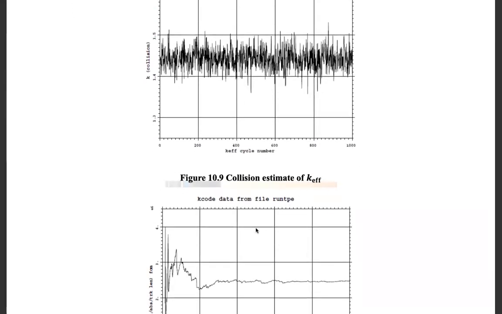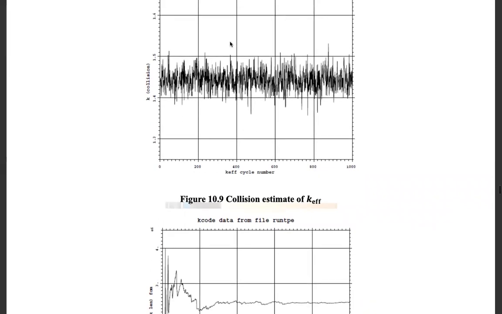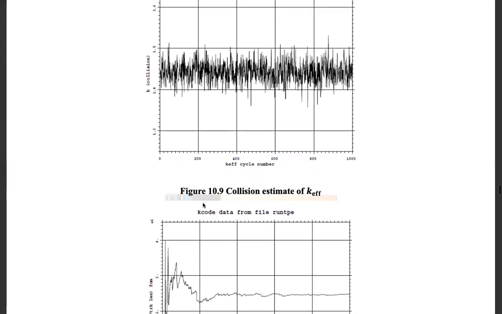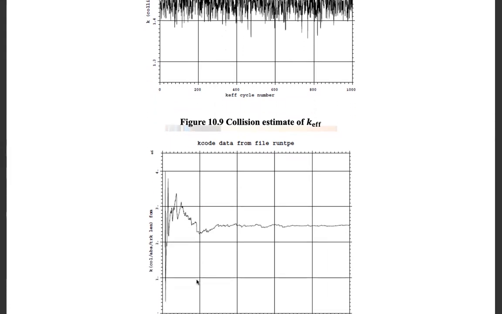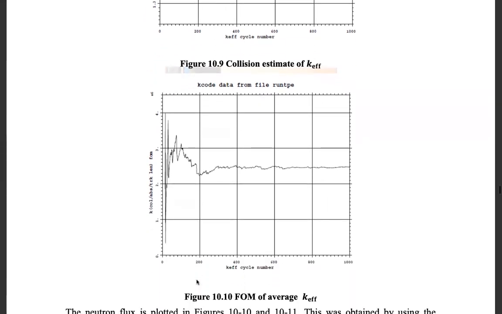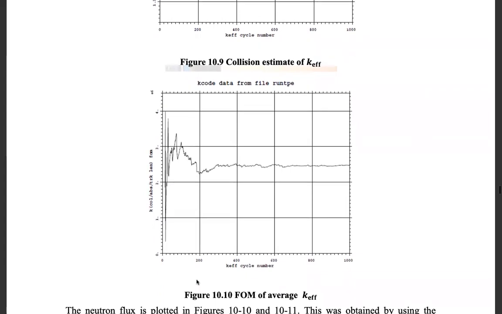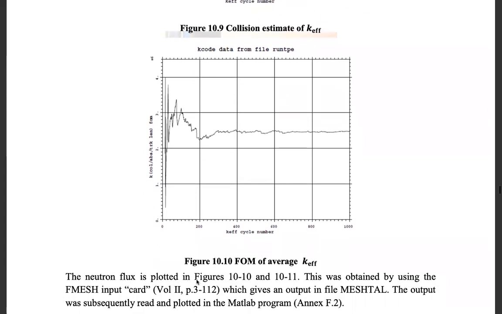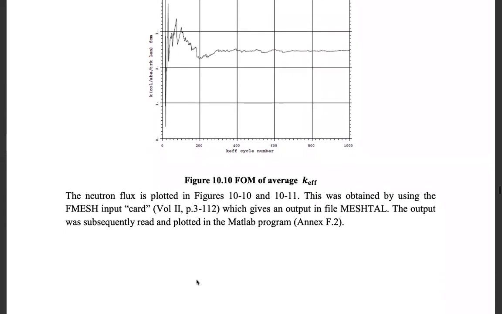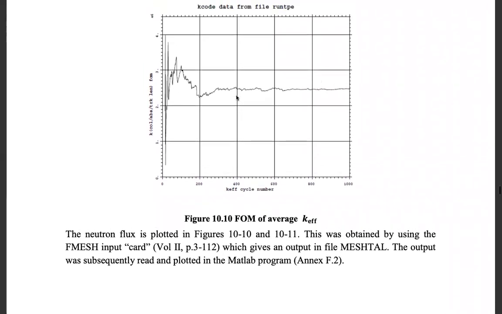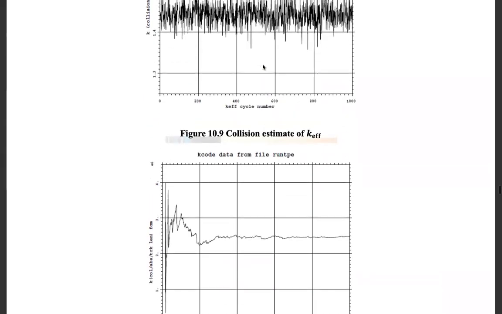So here is the collision estimator for flux. So this tells you that it's much higher than 1.4, and here's the FOM, the figure of merit. You can see that the figure of merit stabilizes like this.